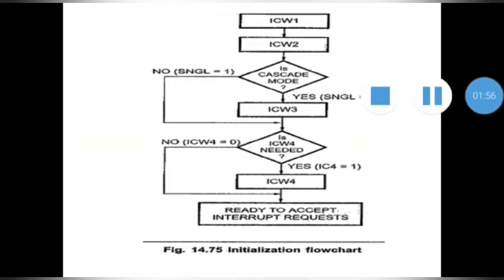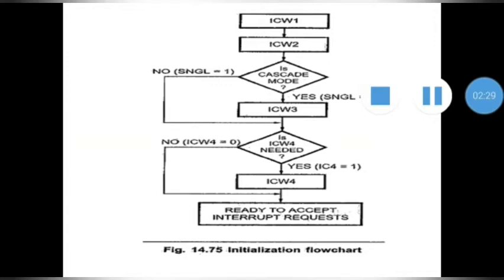If your processor is operating in a cascading mode, then it will select initialization command word 3, and if your processor is operating in a single mode, then it will select initialization command word 4. As you can see in the flowchart, in cascade mode it will select ICW3, and in single mode it will select ICW4.